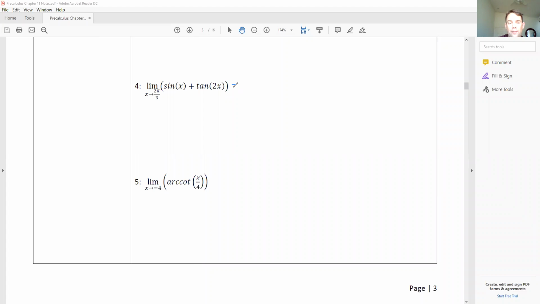All right, let's see how you did. So we have sine of 2 pi over 3 plus tangent of 2 times 2 pi over 3. So sine of 2 pi over 3 plus tangent of 4 pi over 3.